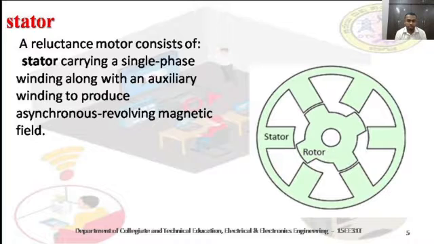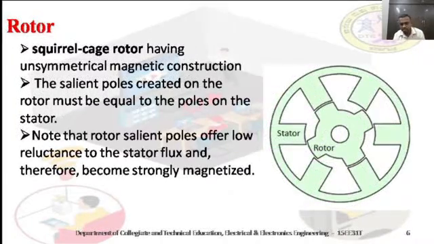Hence, for that purpose, we are using an auxiliary winding. This auxiliary winding and the stator winding will work together in order to make the rotor rotate at synchronous speed.